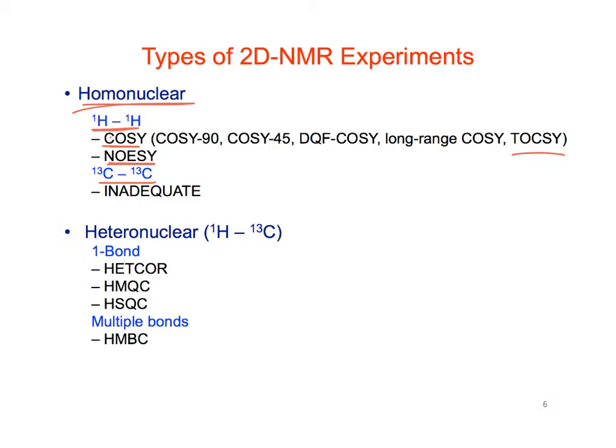That's a very powerful experiment, but as you might imagine, if it's natural abundance C13, then it's very insensitive because you need to have two C13 atoms adjacent to each other in order to get coupling. And so the probability is very low.